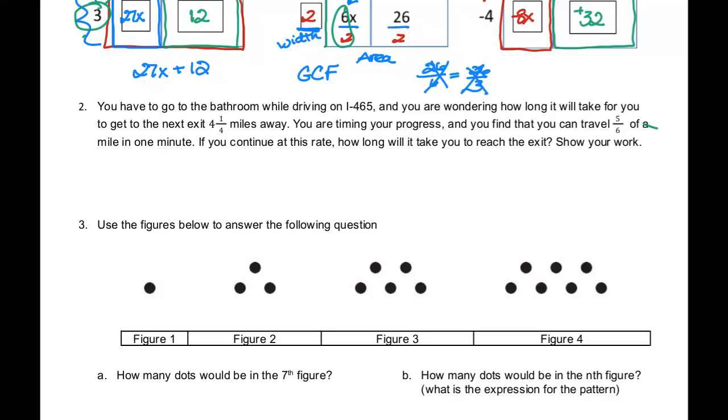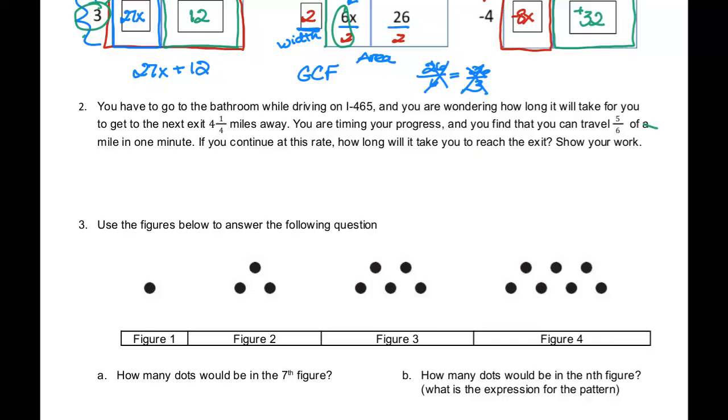You're wondering how long it's going to take for you to get to the next exit, which is 4 1/4 miles away. You are timing your progress. You find you can travel 5/6 of a mile in 1 minute. If you continue at this rate, how long will it take you to reach the exit?